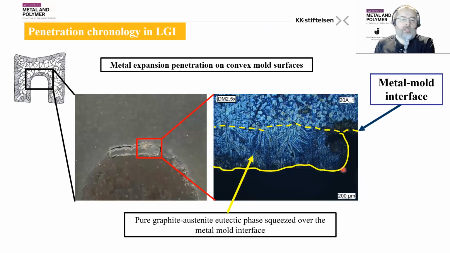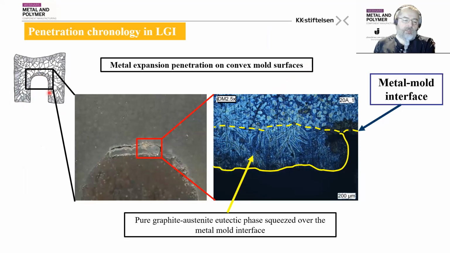So more cases can be seen in these pictures, where a complex shaped sample is cast and it has an internal core.